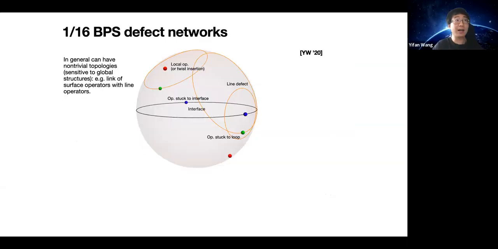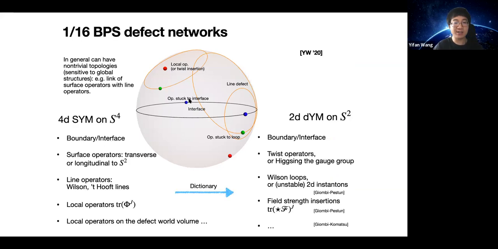Okay, so what does a general 1/16 BPS network look like that preserves the supercharge Q that I described? Here is a picture of S2, where this 2D defect YM lives. From the first perspective, I've suppressed two transverse directions. This 2D-1D sector, which includes these general 1/16 BPS observables, can have boundary or interface defect operators living at the equator.